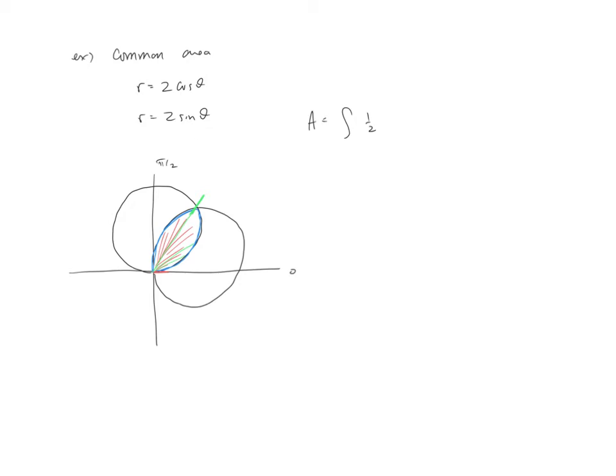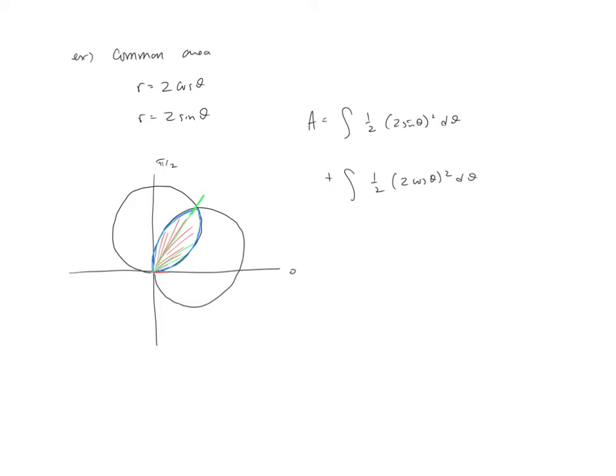So that's going to be 2 sine theta quantity squared d theta, plus the other side, which would be 1/2 of 2 cosine theta squared d theta. So as I continue past this now, my lines would come out and be touching this circle. That would be our cosine circle. So 1/2 of 2 cosine squared d theta.